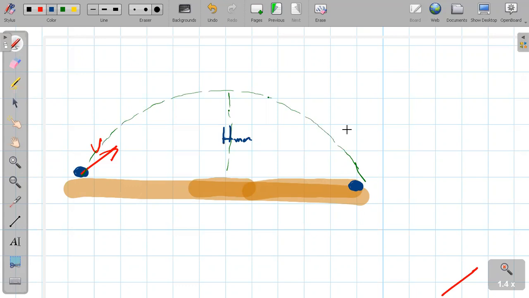If you see it from this particular side, you will see it move up like this and land back.